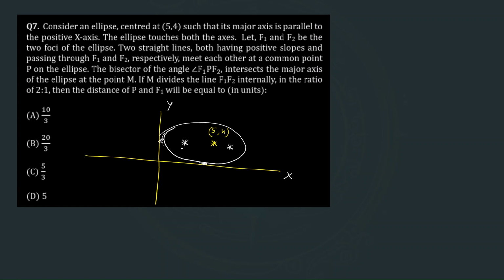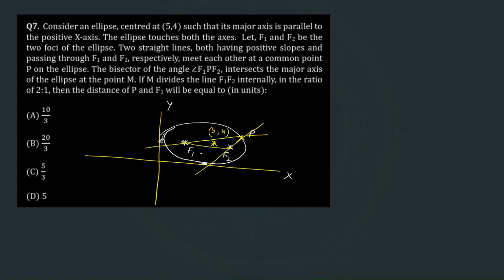So let's say this is F1 and this is F2, and there is a point P on the ellipse such that a line from F1 and another line from F2 pass through this point P, and both of these lines have positive slopes. So the diagram will look something like this.